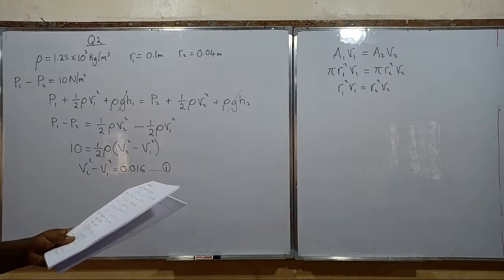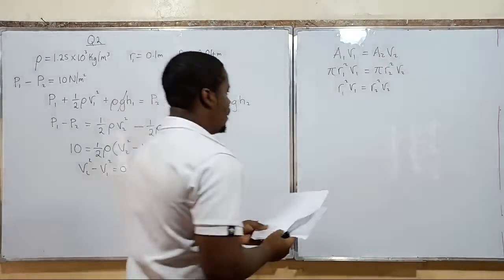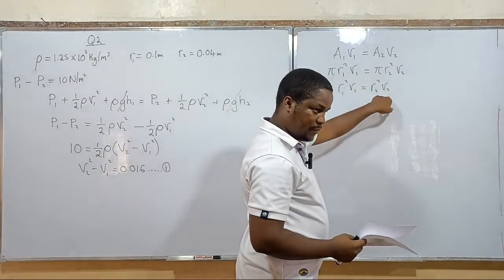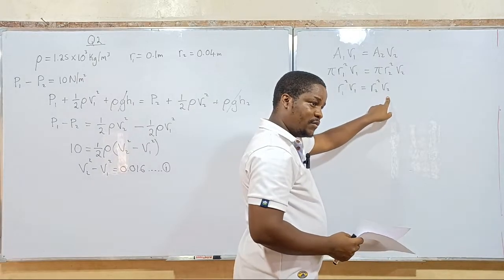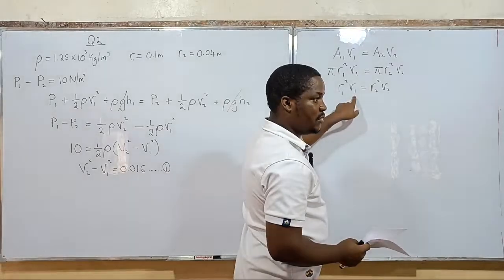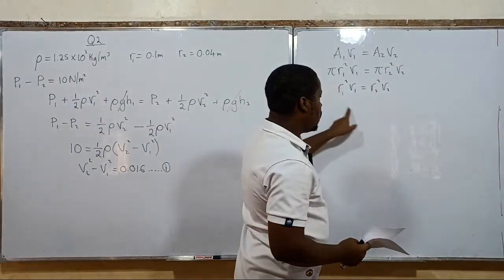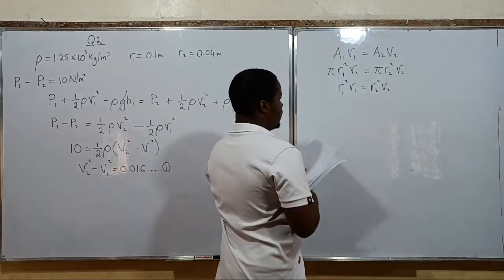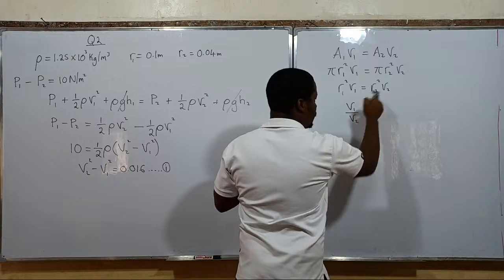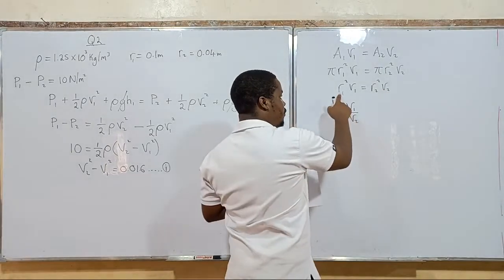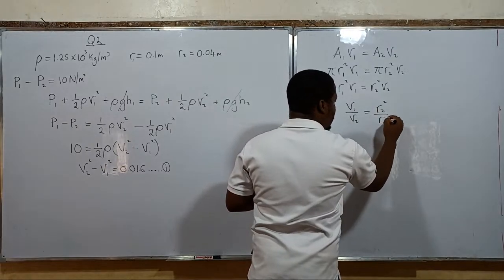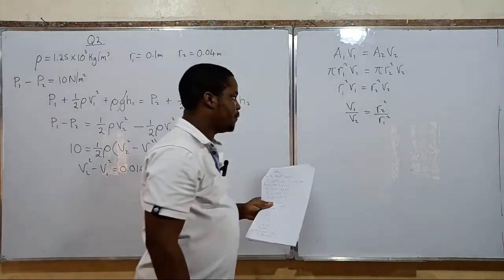Divide both sides by V2, so the V2 comes here as a denominator, and divide both sides by R1, so the R1 goes there. V1 over V2 is equal to R2 squared over R1 squared.